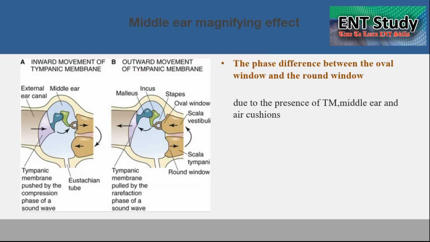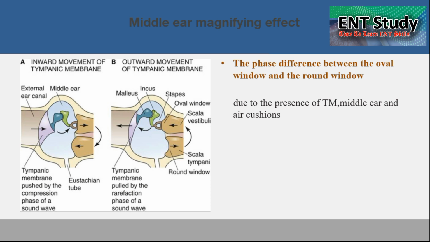The other factor for the middle ear magnifying effect is the phasal difference between the oval and the round window. You can see in this diagram there is inward movement of the tympanic membrane plus the oval window, but there is outward movement of the round window.